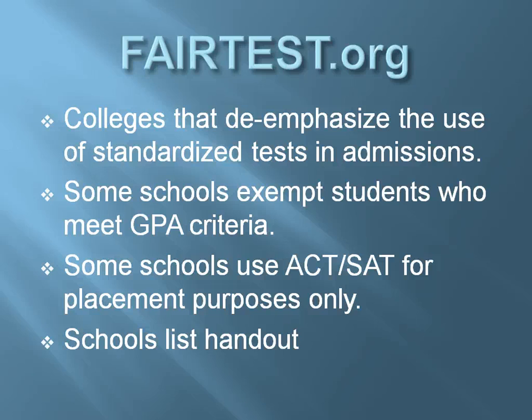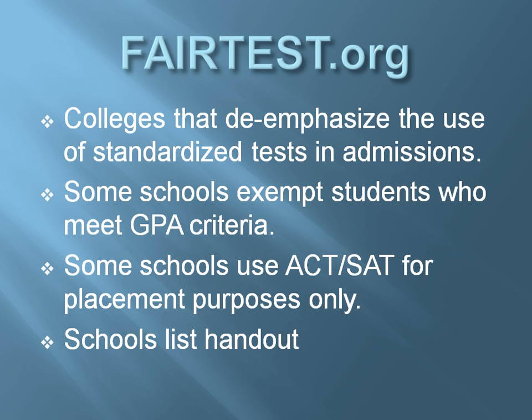Again, many people feel that their scores could be higher or they are unhappy with the score that they got. Sometimes they think it might prevent them from getting into the college of their choice. Fairtest.org is one place you can look for schools that are starting to de-emphasize the use of standardized tests in admissions.